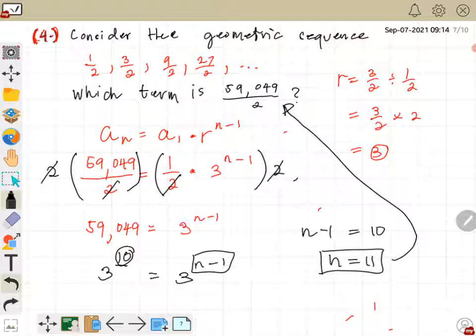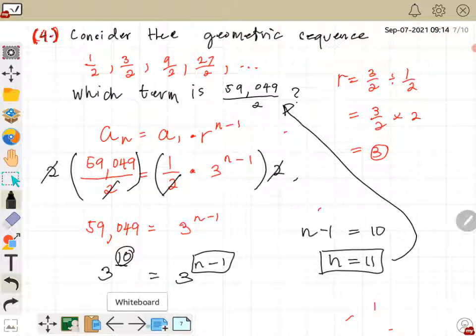Okay, that term there is the 11th term. So that is two of the problems that we can actually solve in terms of finding the specific term of a geometric sequence.